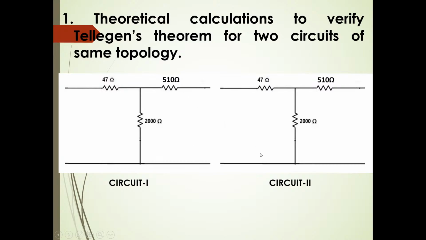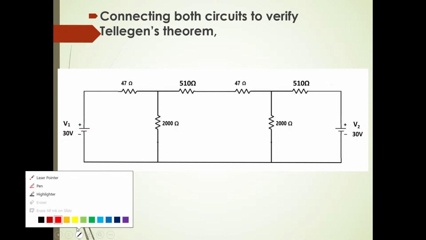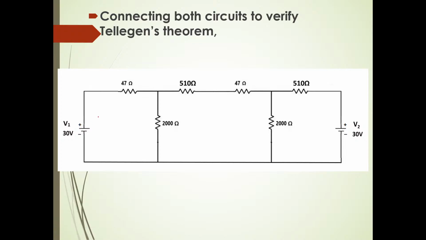So these two circuits, if you carefully observe, are both of the same topology. We have to verify Tellegen's theorem for these two circuits. So I'm going to connect these two circuits together. If I connect them, this is how it will look. I have connected these two circuits and given a DC supply to one end of the circuit. On the other end I have also connected another DC source.